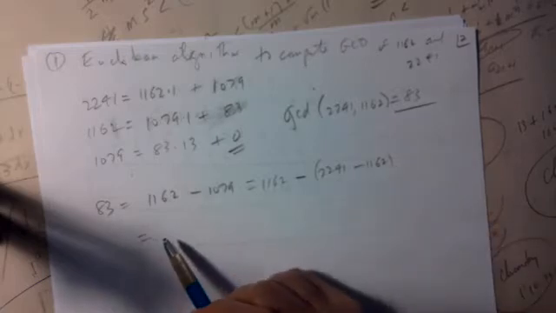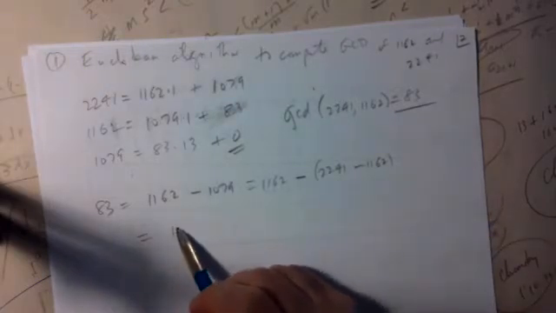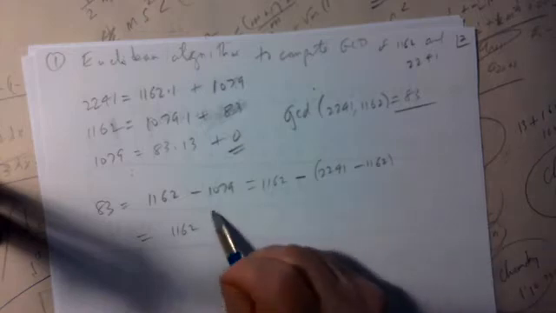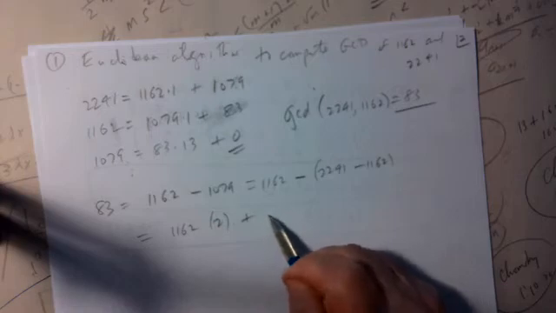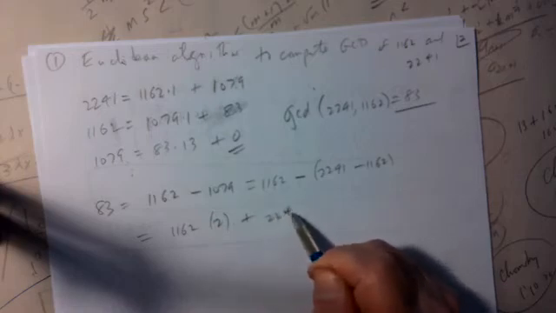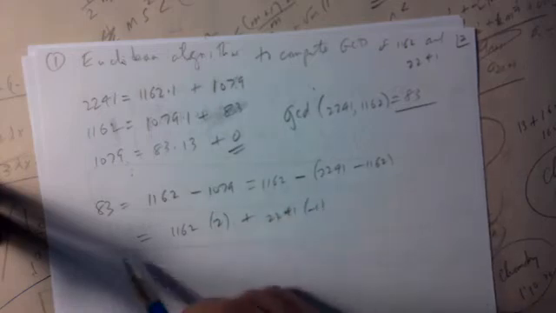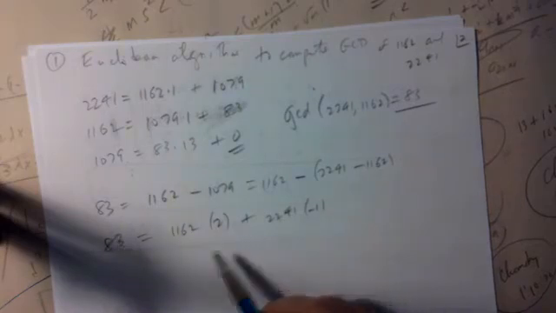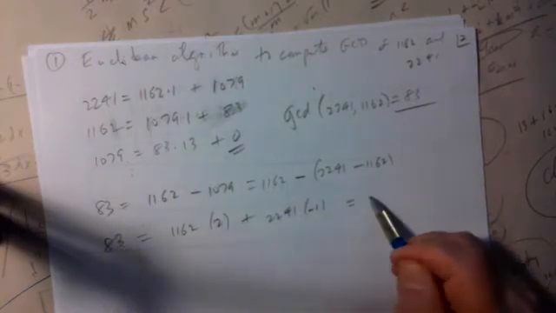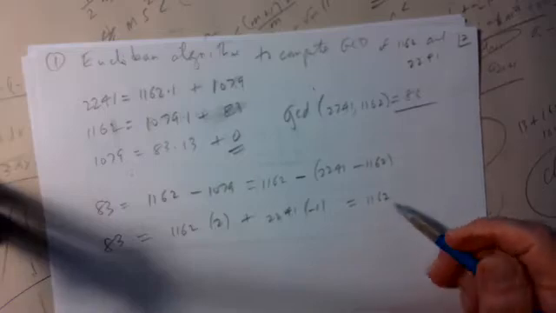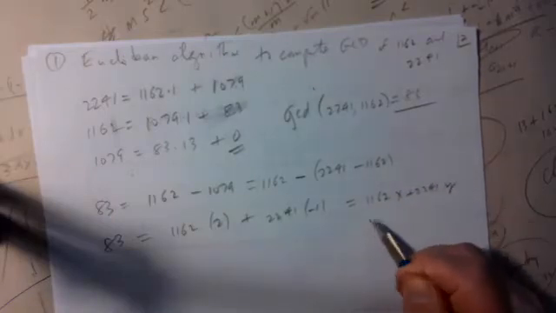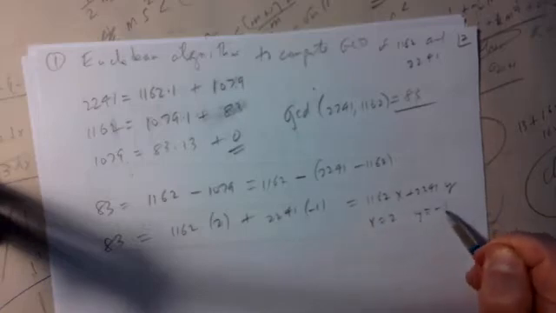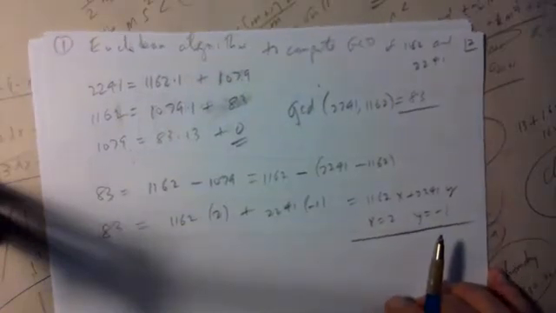So this is 1162 times 2 plus 2241 times minus 1. So that's it. This is 1162x plus 2241y, where x is 2 and y is minus 1.